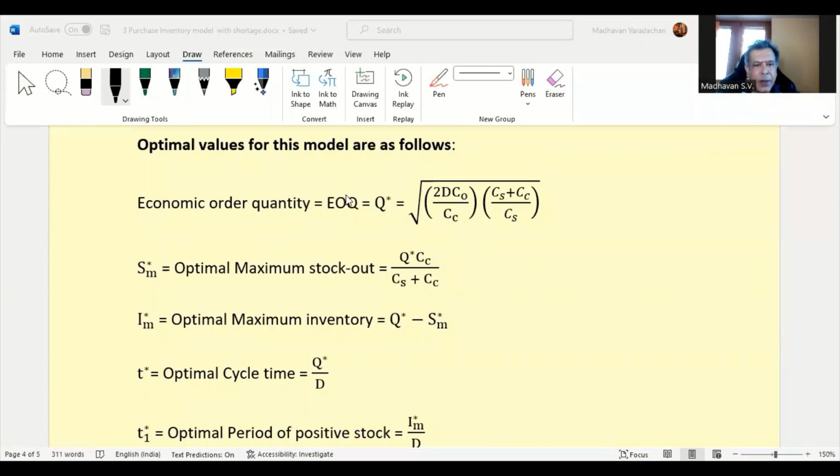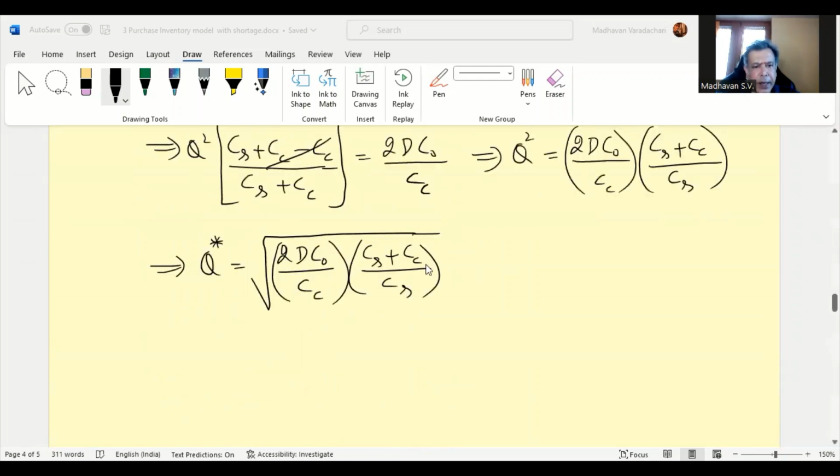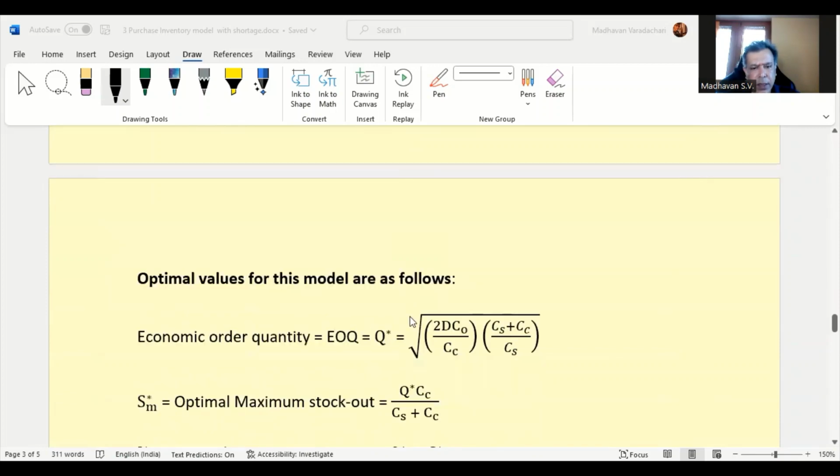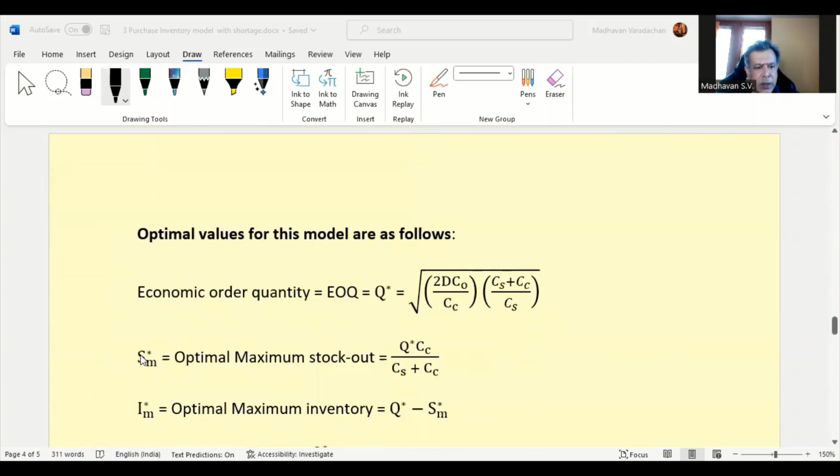So based on the derivations, whatever we did, the optimal values for these models are as follows. EOQ, just now we did the derivation: 2DCO by Cc into Cs plus Cc divided by Cs, whole thing under square root. Optimal maximum stock out is nothing but Q star Cc divided by Cs plus Cc.